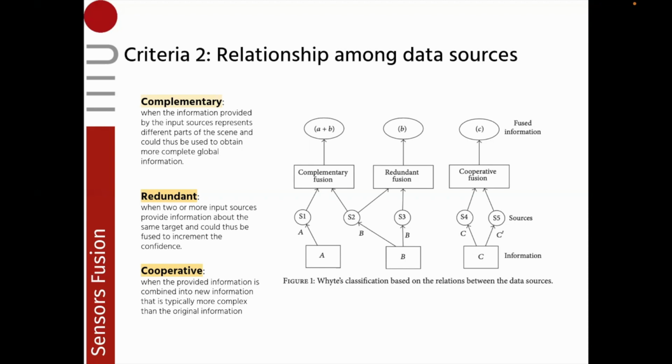Differently, in the redundant case, we have 2 different sensors that are trying to sense the same object. We can have a third setup called cooperative, where the provided information is combined into a new information which is typically more complex than the original information. So this is kind of redundant, but with more complex information than before.